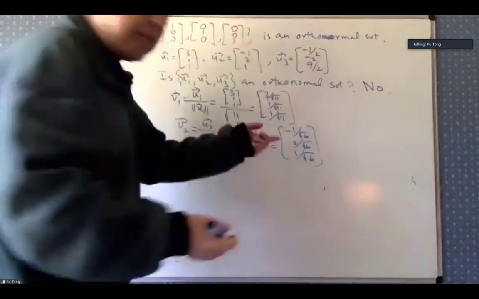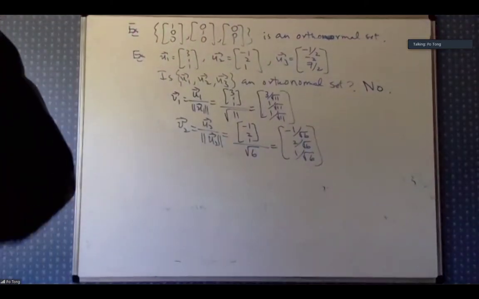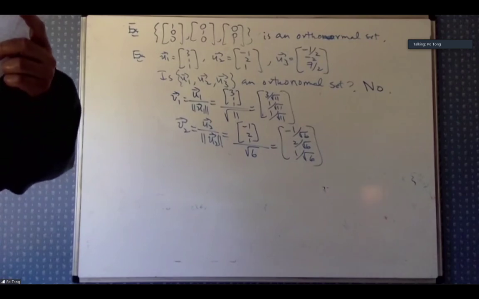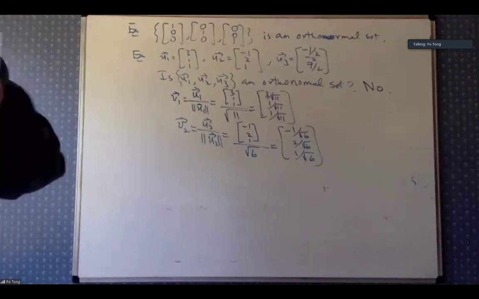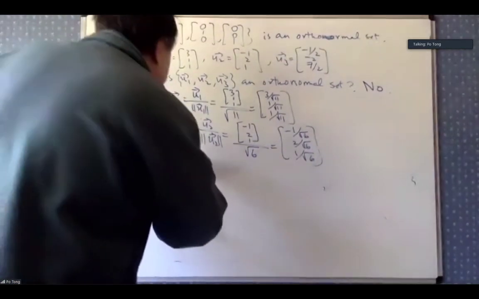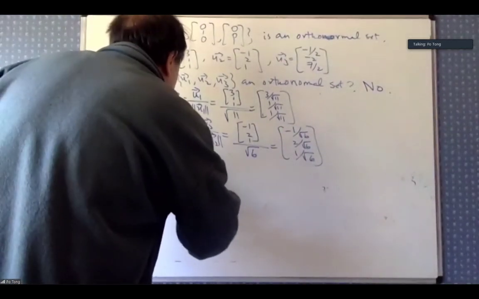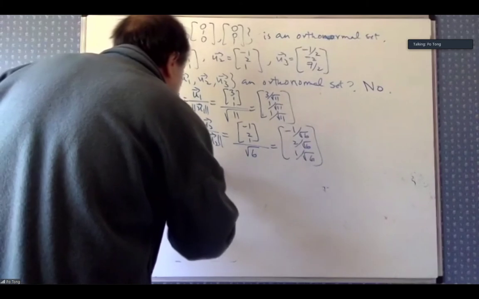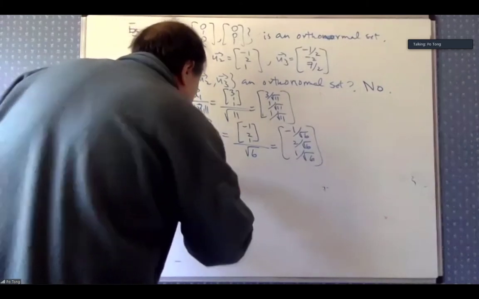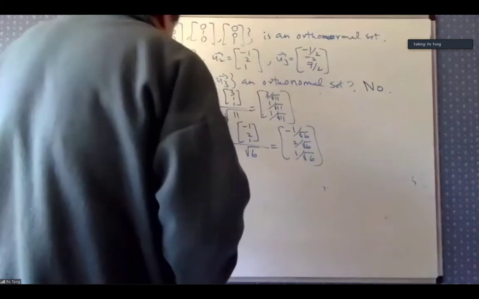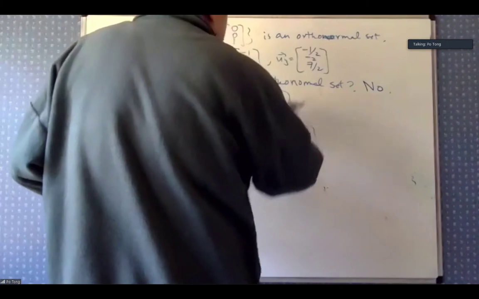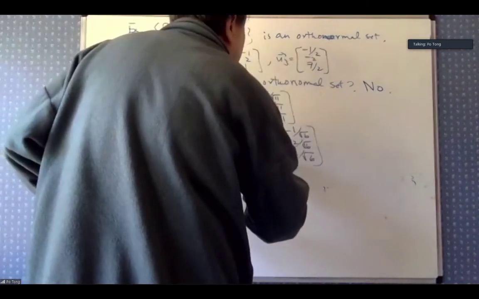Are you guys with me? Are you guys okay? Yes. And we can do the last one, v3, u3. It turned out to be, just plug in the numbers here.